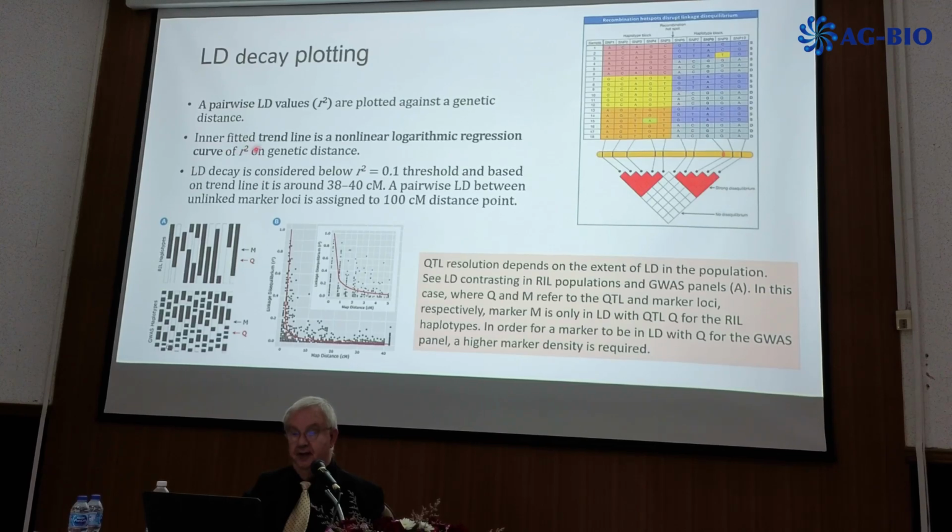The inner fitted line is a non-linear regression curve of R squared on the genetic distance. I mentioned that LD decay is considered below a 0.1 threshold based on the trend line, and this is around 30 to 40 centimorgan. Pairwise linkage disequilibrium between unlinked marker loci is assigned to 100 centimorgan distance.